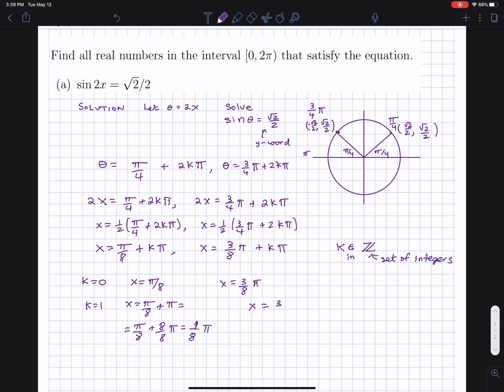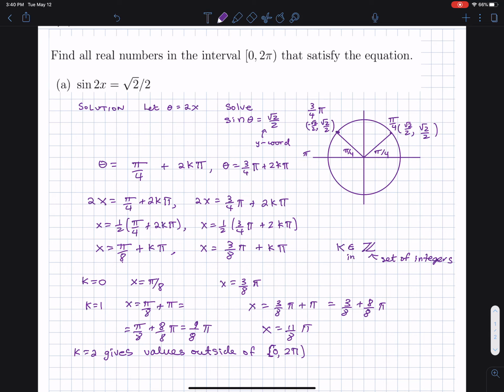Over here, x equals 3/8 pi plus pi, which is going to equal 3/8 plus 8/8 pi. So x will equal 11/8 pi. Note, k equals 2 gives values outside of the interval from 0 to 2 pi.